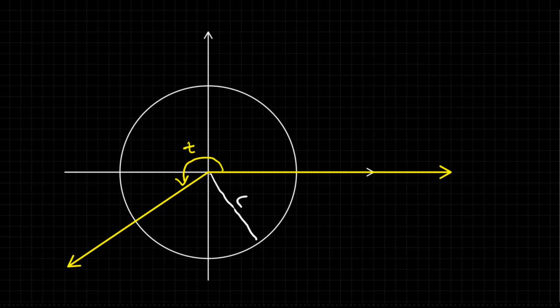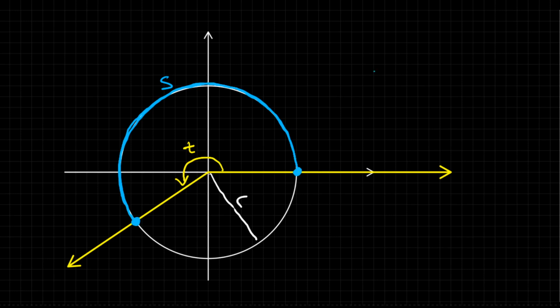And now we'll need one more label, and that's going to be a label for the length of this blue arc that I'm drawing. So this arc, let's suppose that it has length s. So the arc begins on the positive x-axis and ends on the circle where the intersection occurs between the angle that I've drawn and the circle.